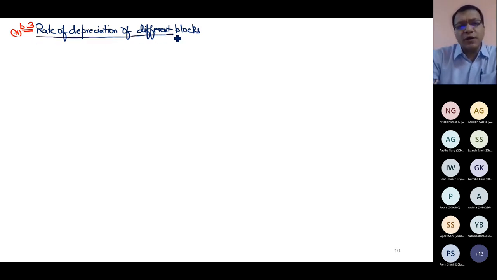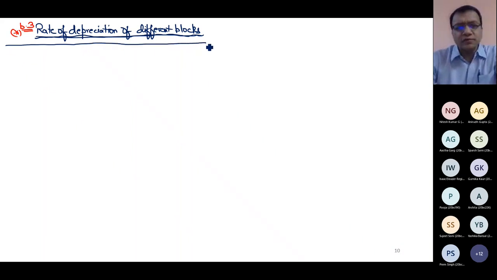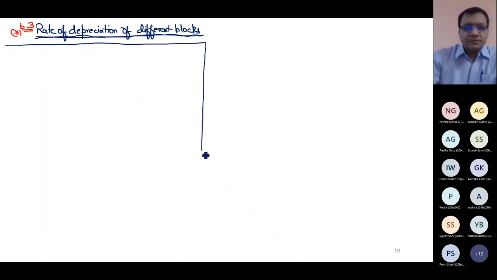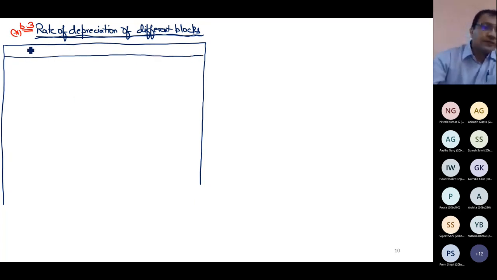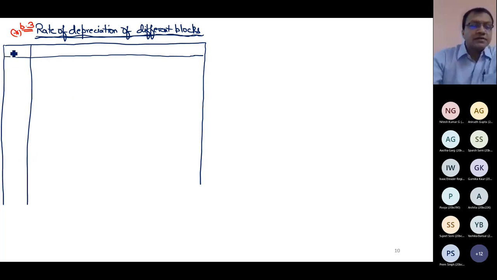Can you tell me practically how many blocks are there with you? Only 4. Broadly only 4. Within that there can be different subcategories of course, but broadly you have 4 blocks. 3 tangible and 1 intangible.